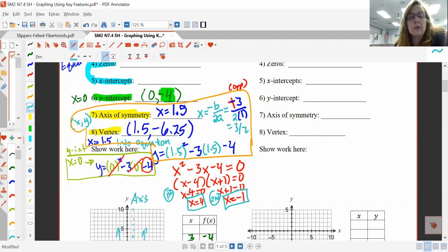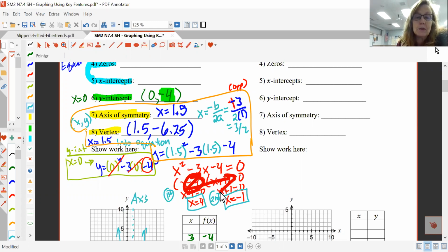Remembering that usually quadratics have 2 solutions. So when I have 2 numbers multiplied, remember this is this number, x minus 4, times this number, x plus 1. Well, if one of those numbers is 0, then 0 times anything is 0, okay?